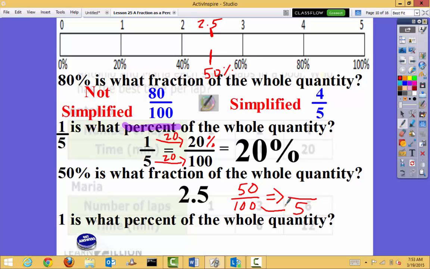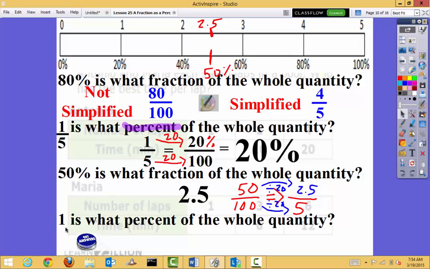Well, I divided, I'm actually going to change colors for that. I divided by 20. So I can do the same thing here. I divide by 20. Either way, I see that I get 2.5, that 2 and 5/10.